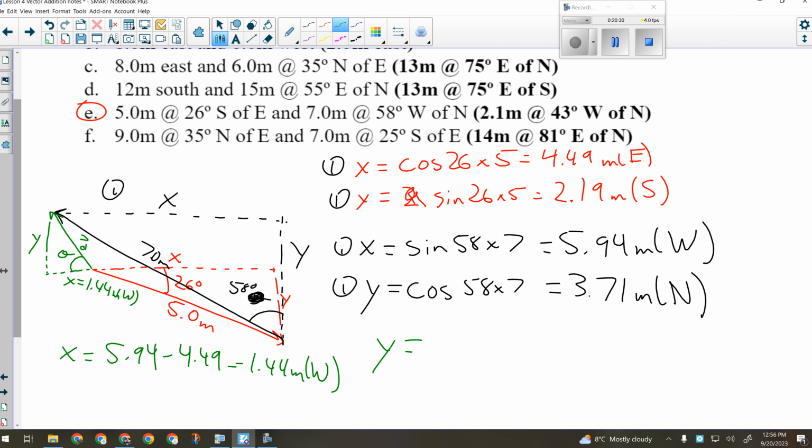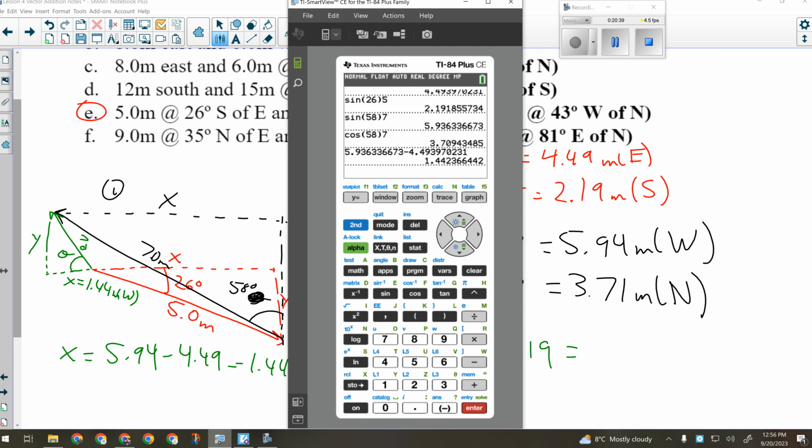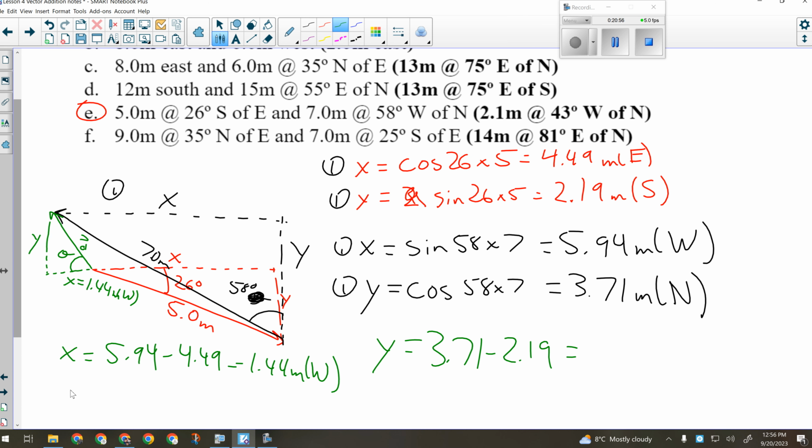One of them goes south, the other goes north, but the north is bigger. So 3.71 minus 2.19, again with all the decimals. We're looking at 1.52 meters north.